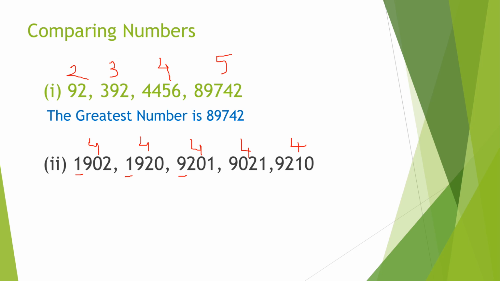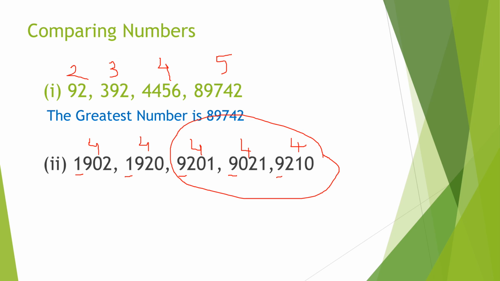So definitely 9 is greater than 1. So check the next number, 9021. Here also the thousands place digit is 9. In 9210, the thousands place digit is 9. So, in 3 of these numbers, the thousands place digit is 9.